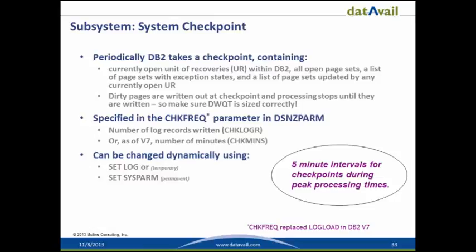Taking a checkpoint also causes DB2 to write out those pages, so you really want to have the checkpoint frequency set up so that it's basically every 5 minutes during peak processing time. You can set this using either number of log records written or number of minutes. In general, since as of version 7 we've been able to do it with minutes, most people just say 5 minutes and are done with it.